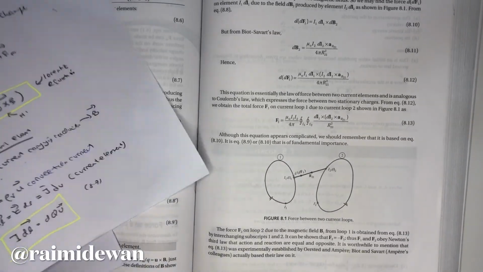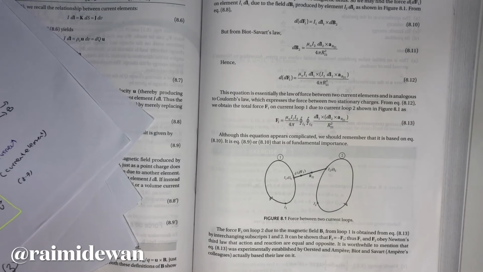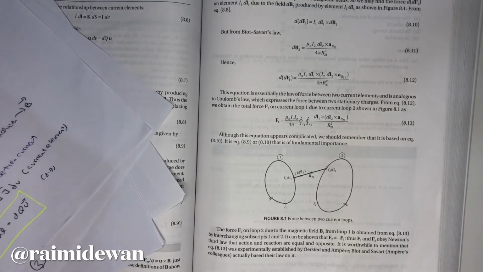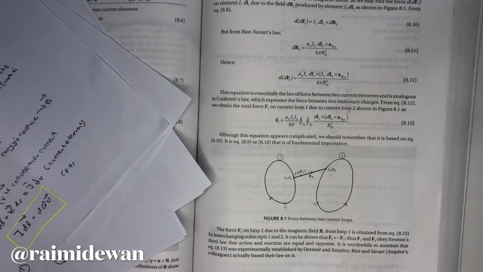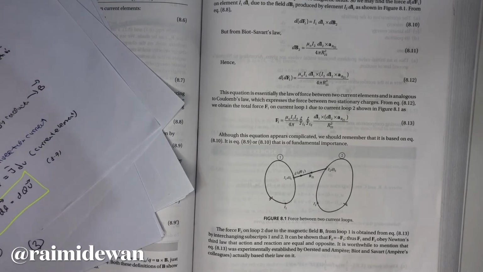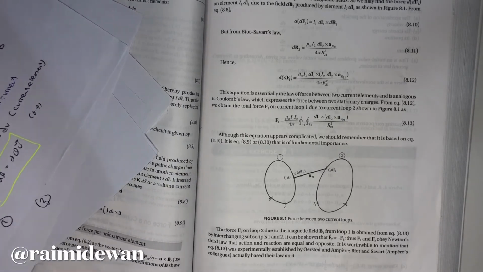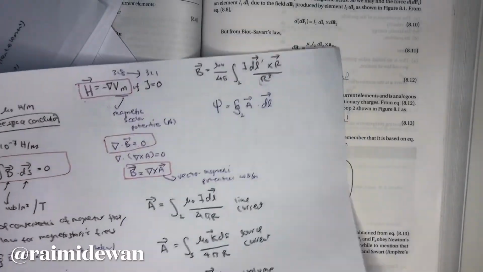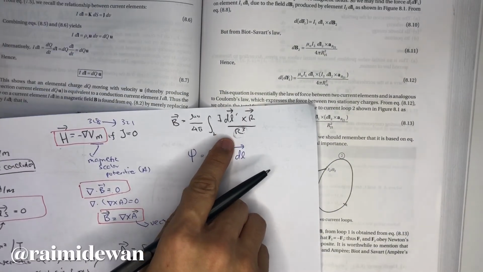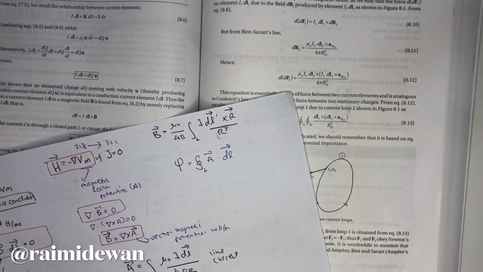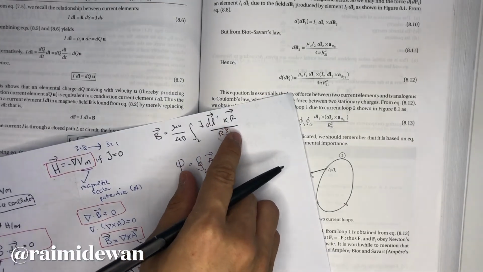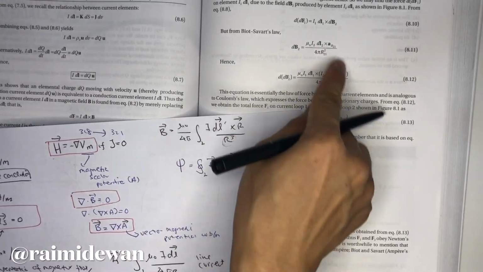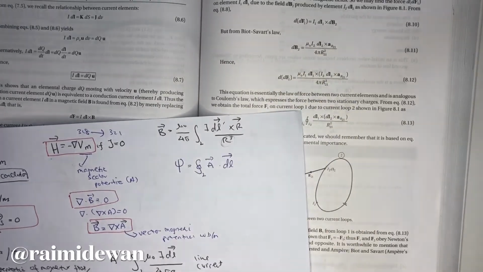Previously, from the previous lecture, you learned that your B is mu naught over 4 pi, I dl cross R, over R cubed. So it's just the same.